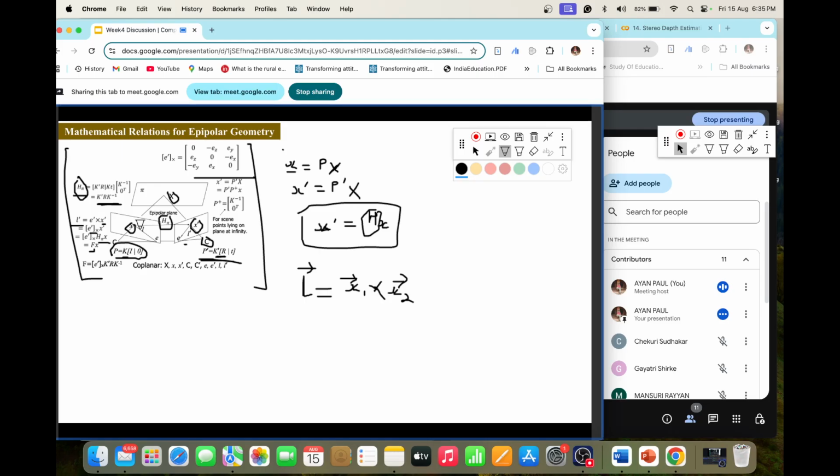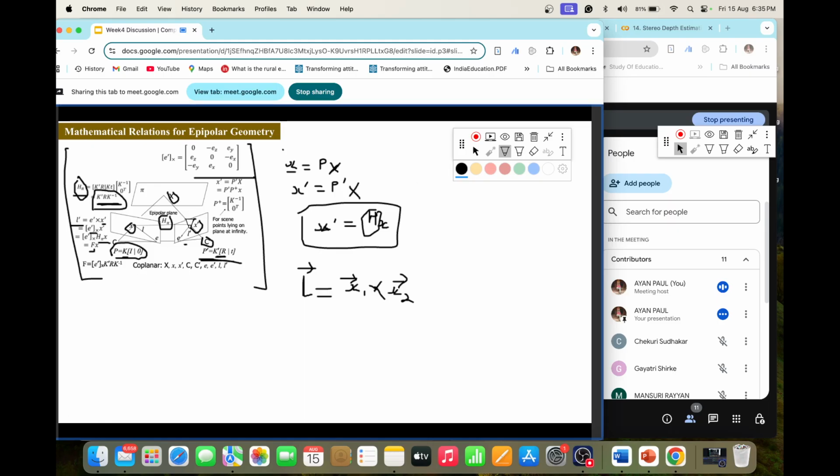That we can do by a homogeneous matrix, that is Hx, and that H will be given by this equation: K dash R K inverse. This K dash R will be taken from the right camera matrix, and K inverse will be taken from the left camera matrix. So that is Hx. So H also we got to know.